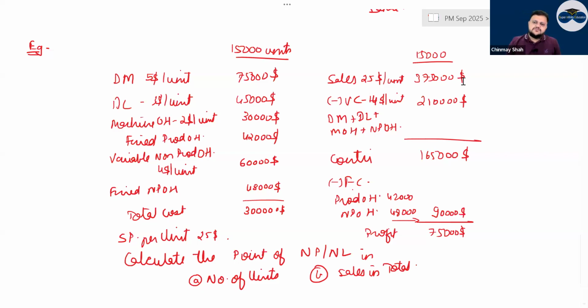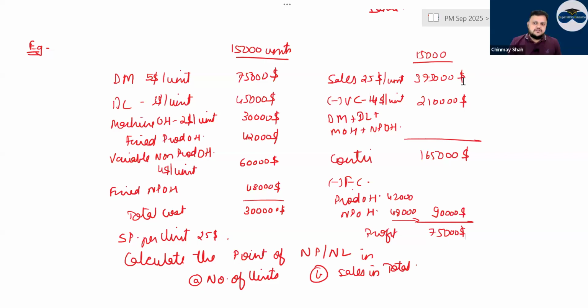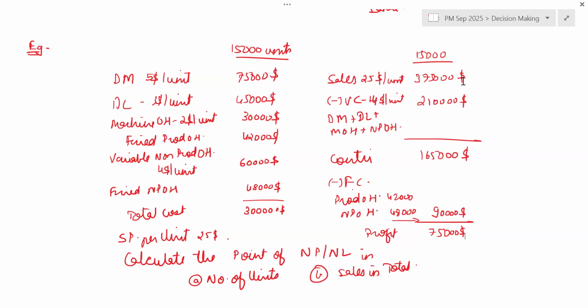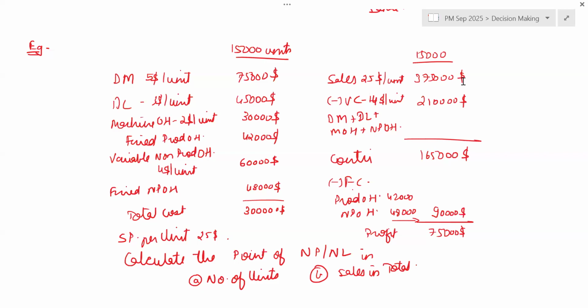How to find the break-even point units? Sir, reverse calculation we will do. Okay. How to do, madam, reverse calculation? We will assume profit equals 0, then fixed cost remains same 90,000. After that, I don't know.